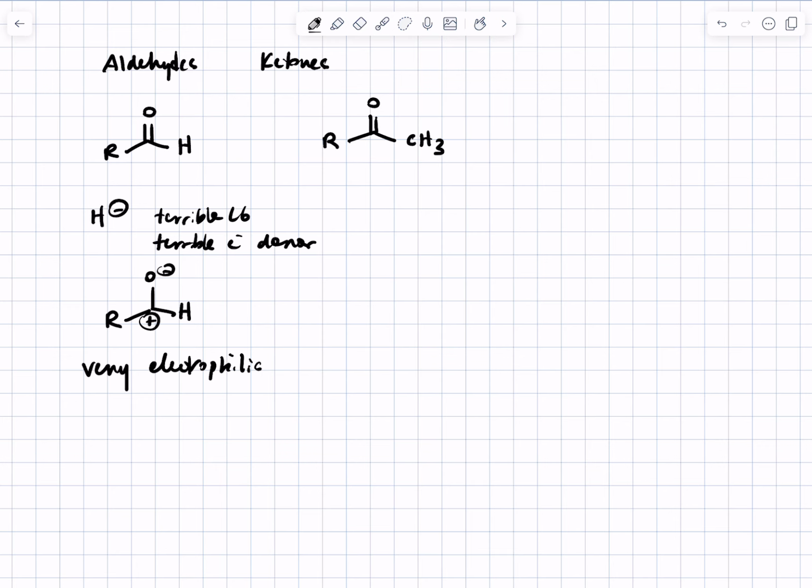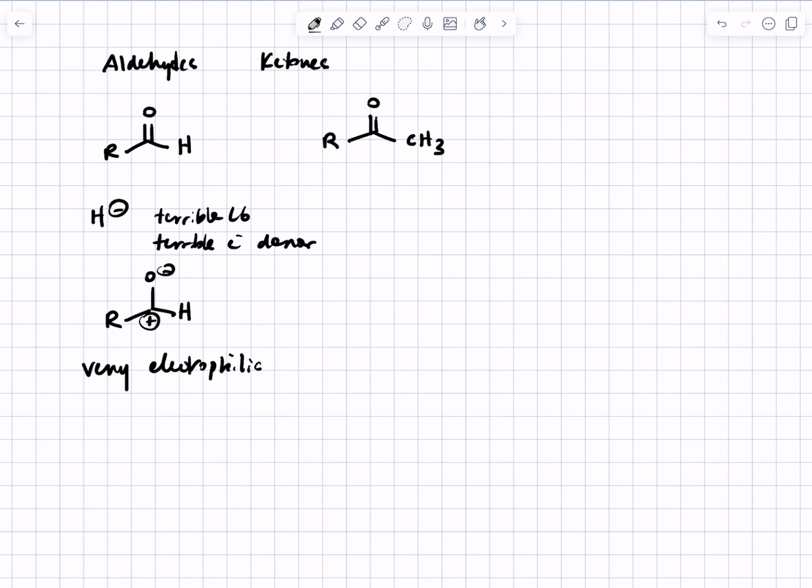Yeah, not the other group. Yep. So in all of this, we're looking at the impact of whatever that Y group is on how electrophilic the carbonyl carbon is. And the answer for the aldehyde, because it's not a great leaving group, but it's also not a great electron donor, is that it's still very electrophilic. Okay, other questions?